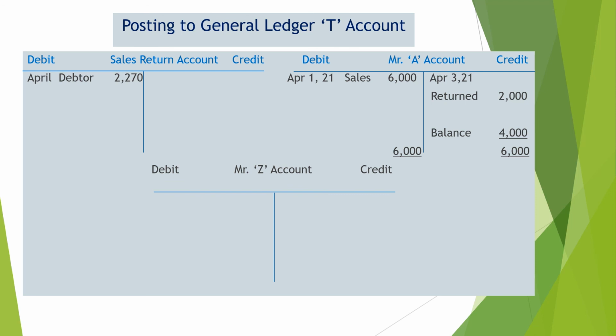The accounts for Mr. A and Mr. Z had already been opened earlier when the sales occurred, and now it's a return. So Mr. A returned the goods for 2,000, so his balance is now reduced and the net balance is 4,000. Mr. Z's balance is also now 630.